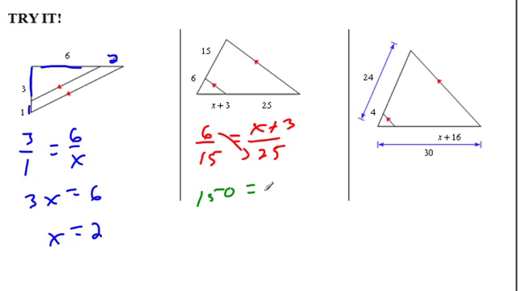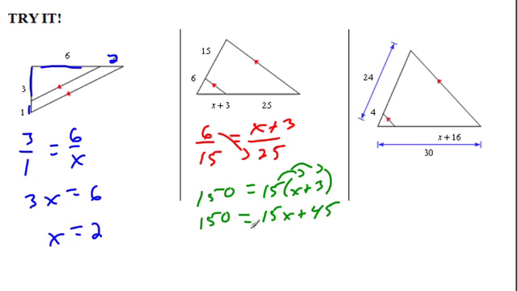Then I'm going to say 15 times X plus 3. And then I'm going to distribute this and make sure I'm good. So really 150 equals 15X plus 45. Subtract 45 from both sides and you get 105. Does 15 go in there evenly? 15 goes in there, oh my gosh, 7 times? Is that right? 70, yeah, 7 times. So X is 7.